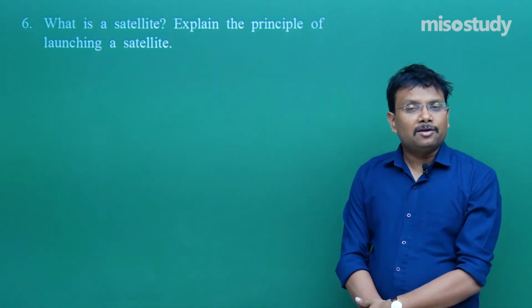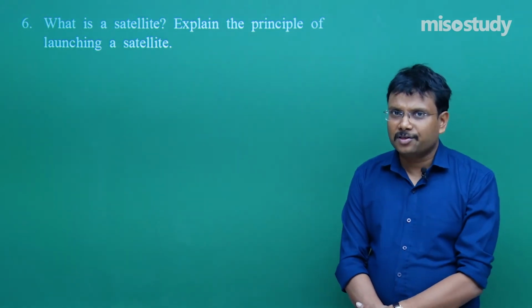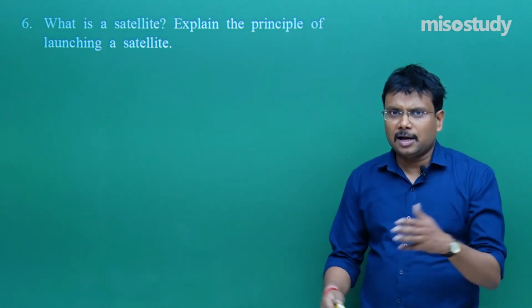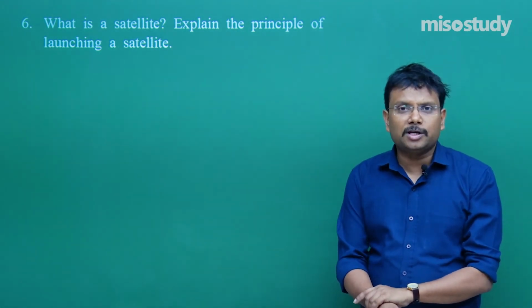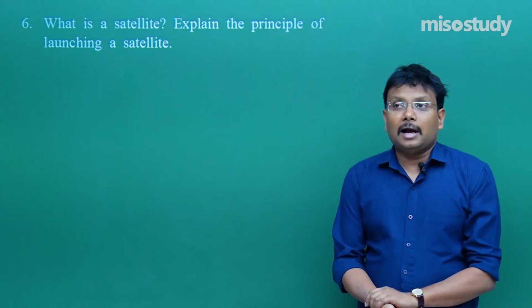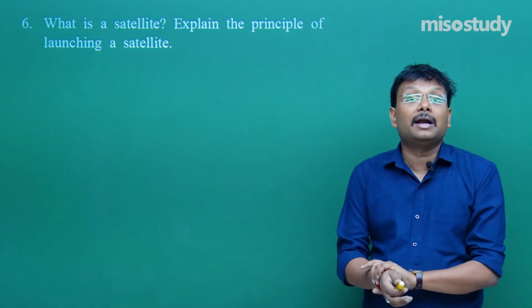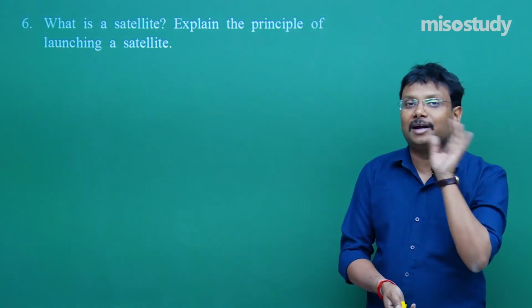In case of Saturn, I think there are 16 moons, if I am not wrong. Similarly, for Jupiter, there are so many moons. They are all revolving. Europa is, I think, one moon associated with Saturn, and scientists are predicting that life is possible at Europa, which is a moon of Saturn.